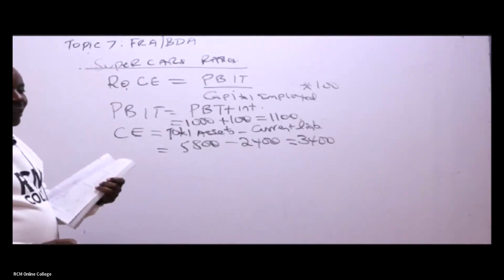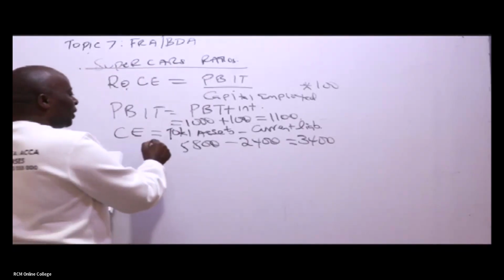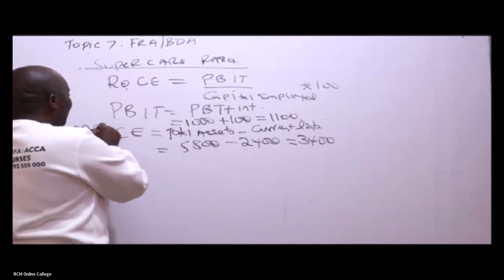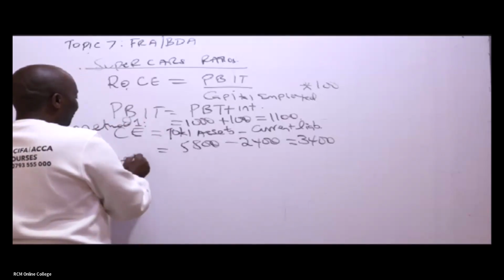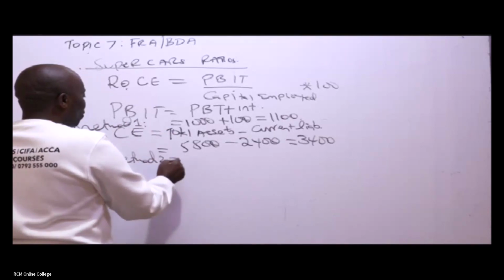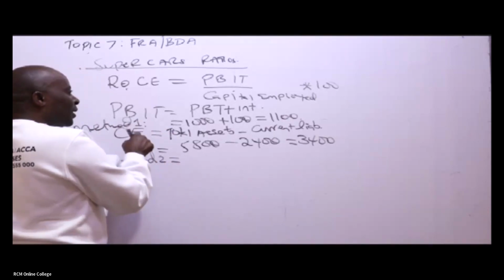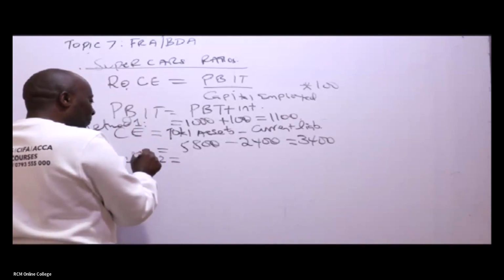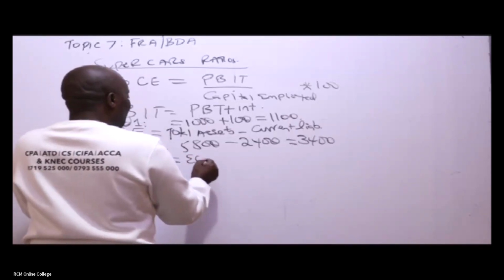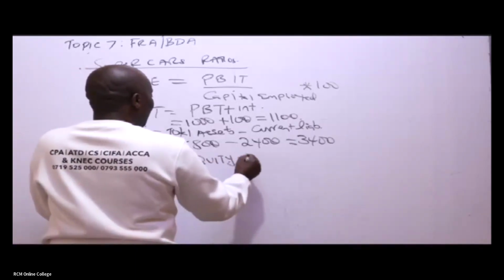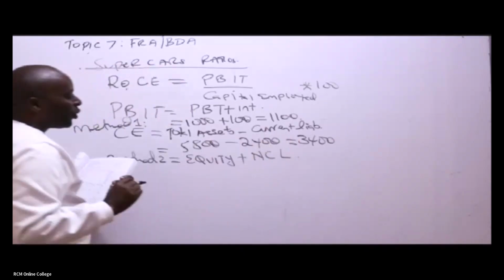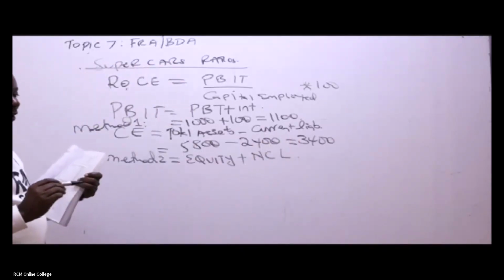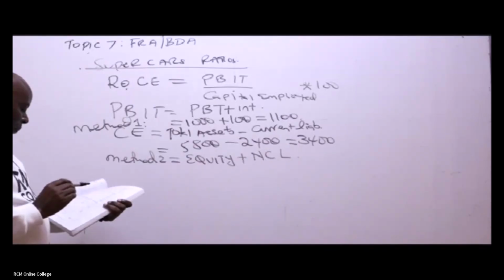And then remember, we have another method. This is method 1. Is there somebody who was able to use method 2? Method 2, the capital employed will be all equity plus, in this case, non-current liabilities. So you go to the equity section.